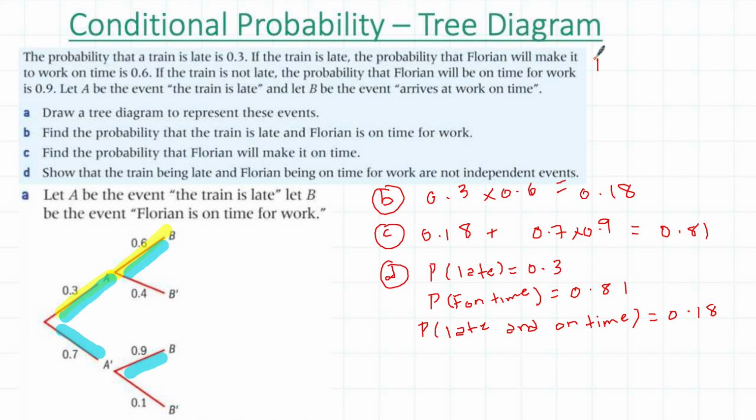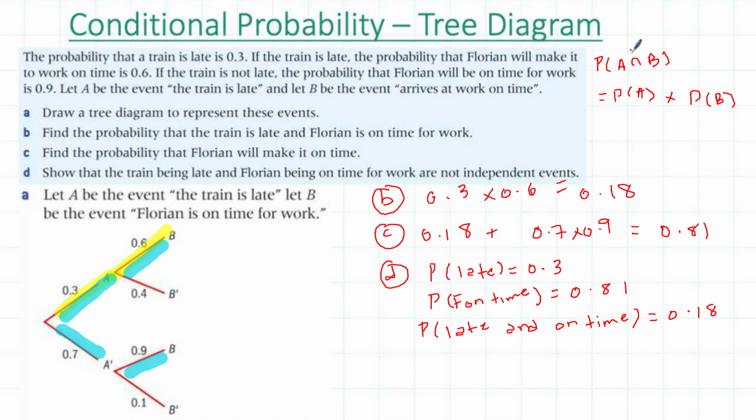So if you think of the conditions for independent events, I'm looking at probability of A times probability of B. So I want to check the left-hand side and the right-hand side. I have the probability of A, which is 0.3. I have the probability of B, which is 0.81. I have the intersection of them, which is 0.18.